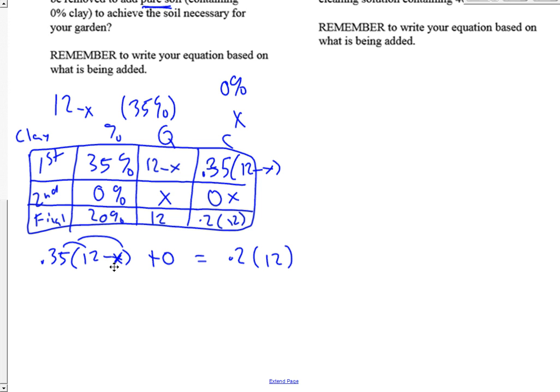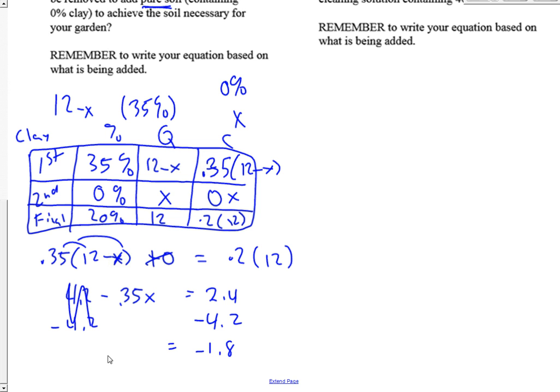We're going to distribute, and 0.35 times 12 is 4.2 minus the 0.35x. We don't need to worry about adding 0. And then 0.2 times 12 is 2.4. So we're going to subtract the 4.2, and 2.4 minus the 4.2 is negative 1.8.